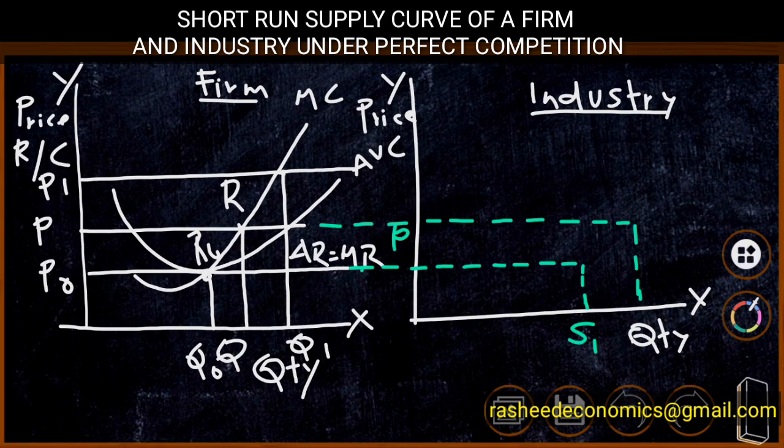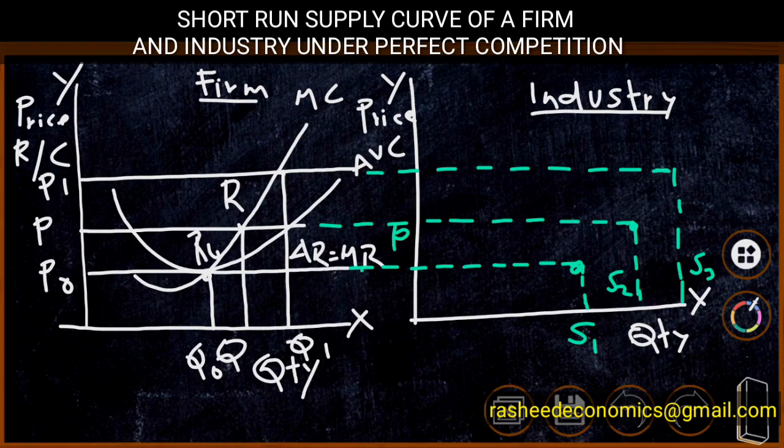In the same manner, we plot the third average revenue line by extending it, and we will get another price and quantity relationship, that is S3. Now we have got three prices and three quantities, S1, S2, S3 as the three quantities, and P1, P2, P3 as the three prices.